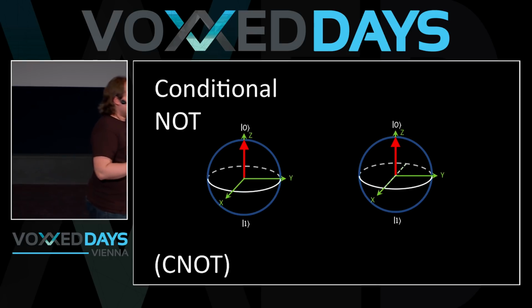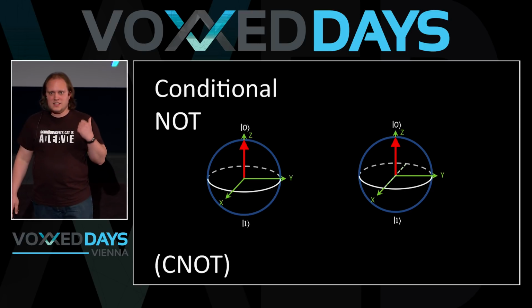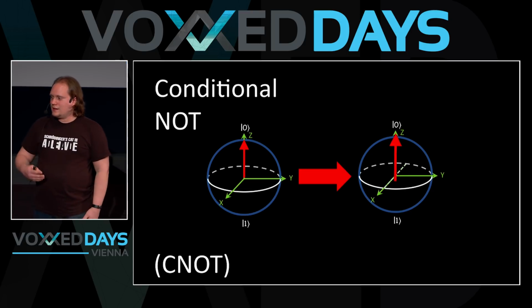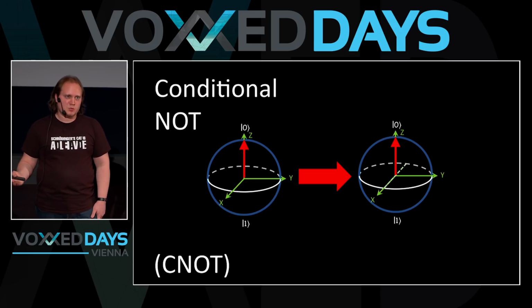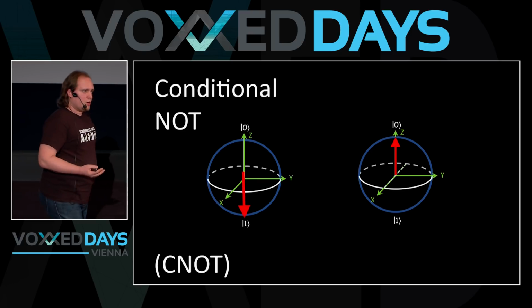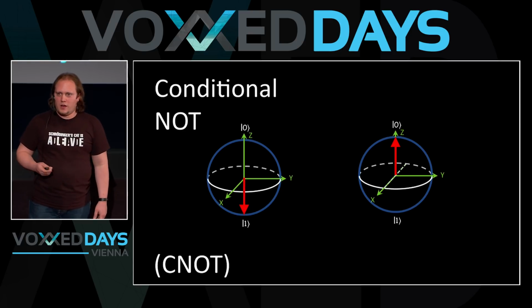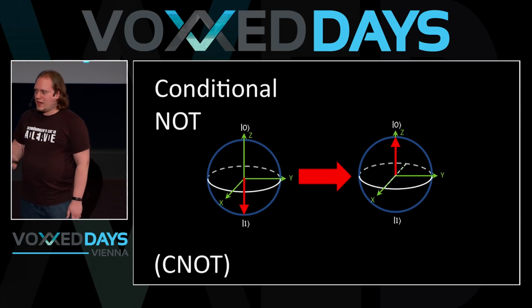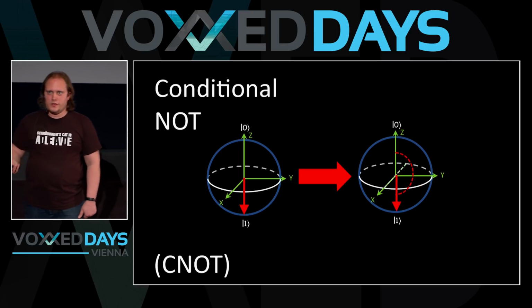So the idea is, if that is at 0, and we apply the C-NOT gate, then nothing happens to the second gate, which we'll call the target. If our control gate's at 1, and we apply the C-NOT, then we'll get the effect we got with the X gate.